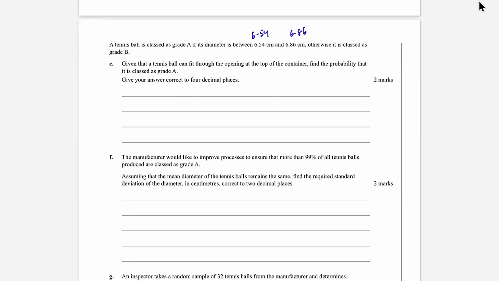So we have a conditional probability. We want to find the probability that it's A, given that it fits, so 6.95.